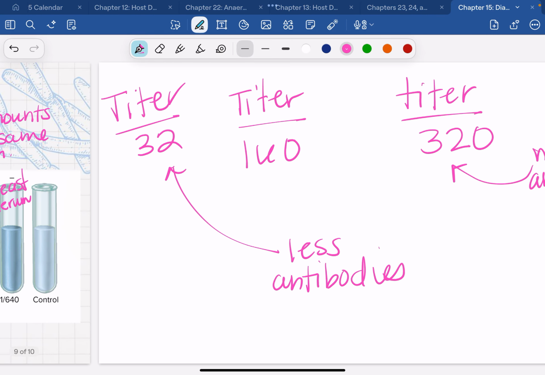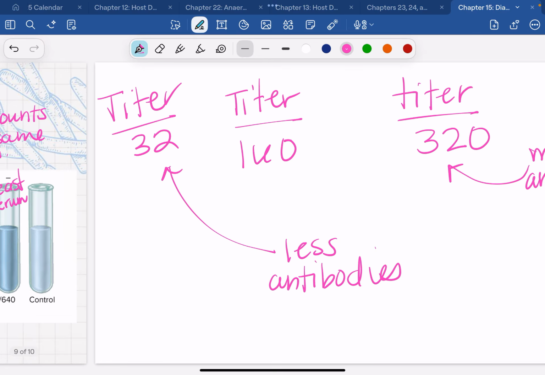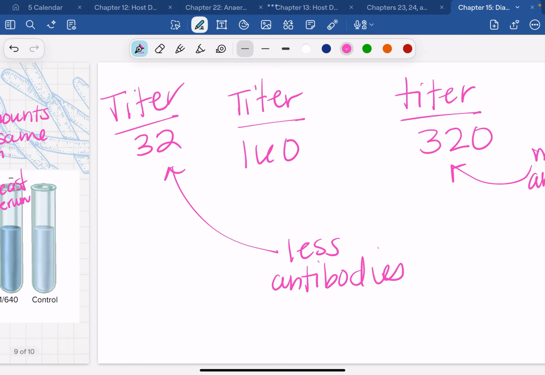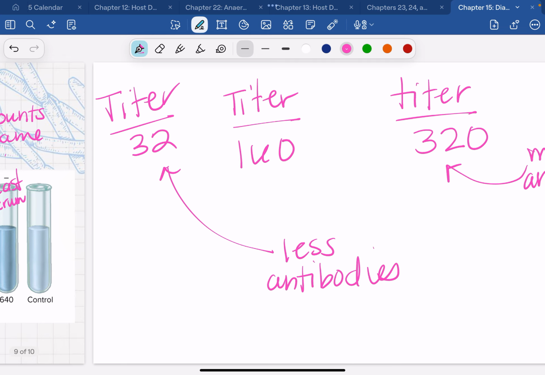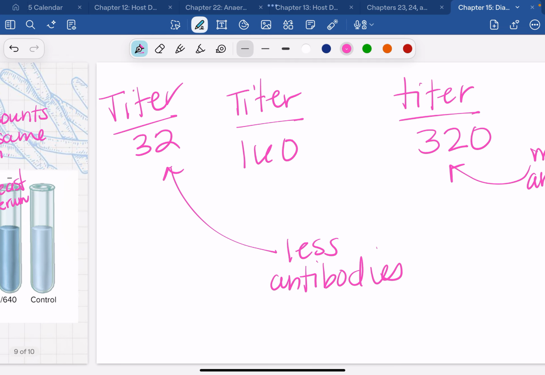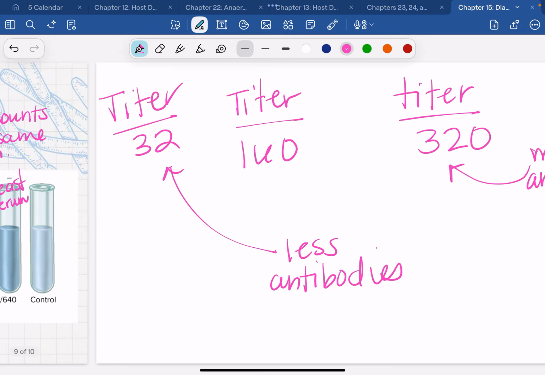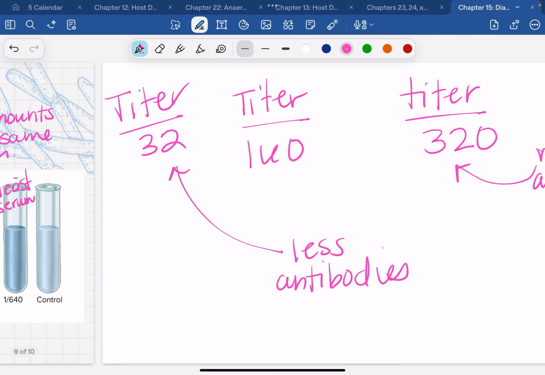Okay? So if a person who we suspect has syphilis comes in and has a titer 1 week of 32, and then they come in 2 weeks later and their titer is 320, are they in the active part of their disease where they're going up, or are they getting better and it's going down? We went from 32 to 320.